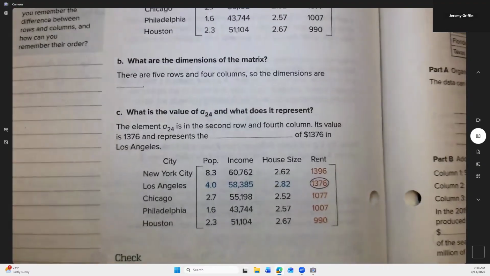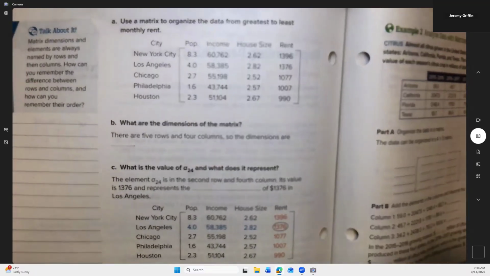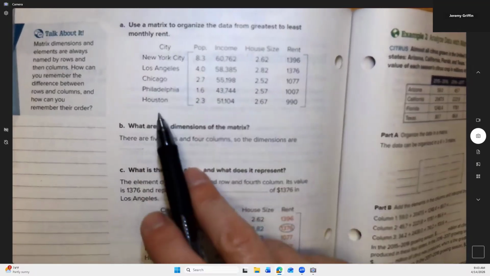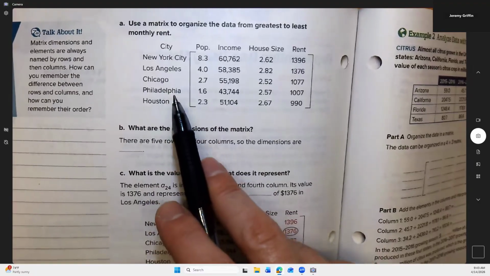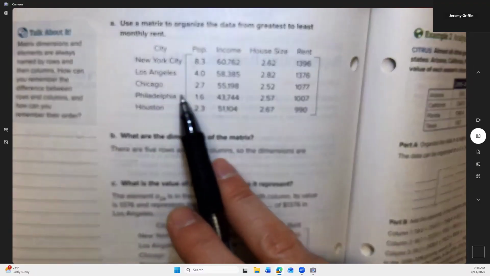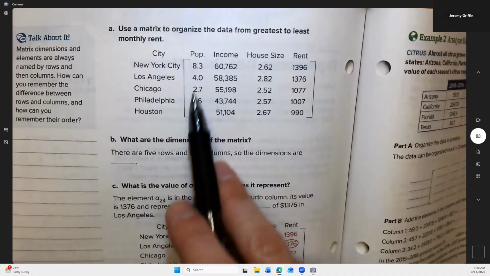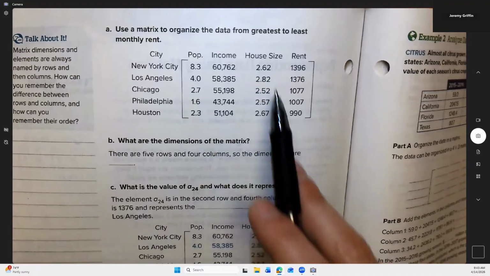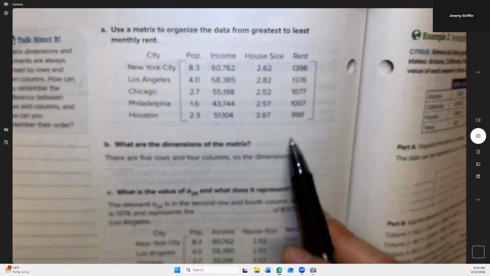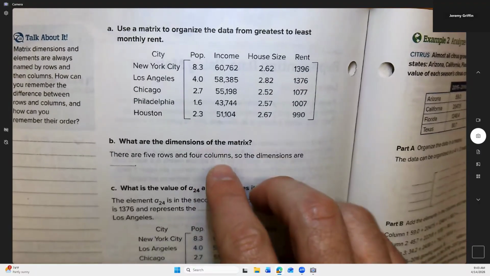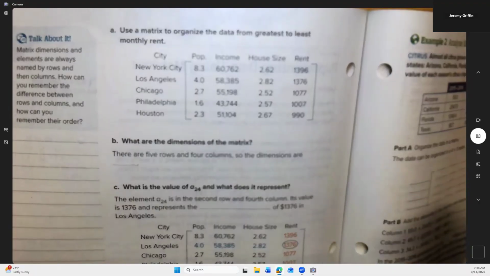Here's a good application of matrices. So what if you have these 5 different cities? You got New York, Los Angeles, Chicago, Philadelphia, Houston, and they have all these different metrics. They have different populations, different incomes, different house sizes, different rent values, maybe average rents. And you want to do a comparison or be able to crunch this data.